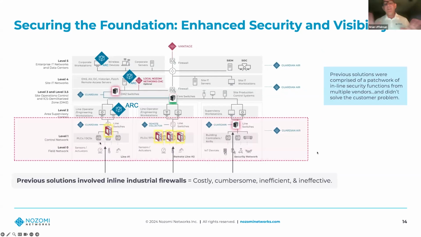Many vendors have tried to solve this in the past with a patchwork of solutions that might have ACLs and separate VLANs, or might be able to provide identity control solutions at the PLC level, but they required separate security devices. So it was very cumbersome, very costly, difficult to administer, and difficult to really extract any valuable information from.